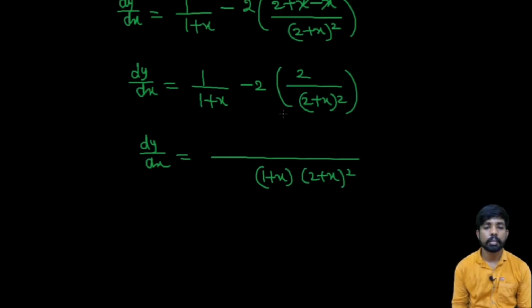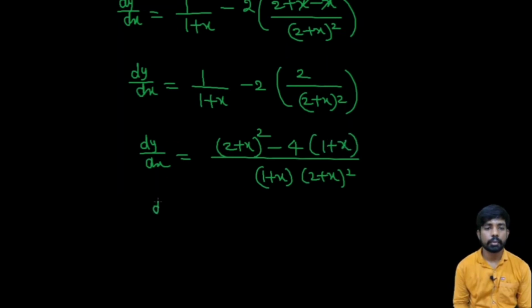So remaining is 1 plus x cancel, then remaining is this term into 1, it's 2 plus x whole square minus 2 2s are 4 into 2 plus x whole square, 2 plus x whole square cancel, remaining is 1 plus x into 4, this is 1 plus x.